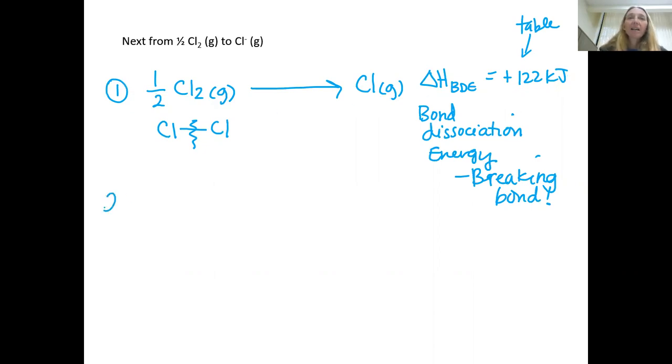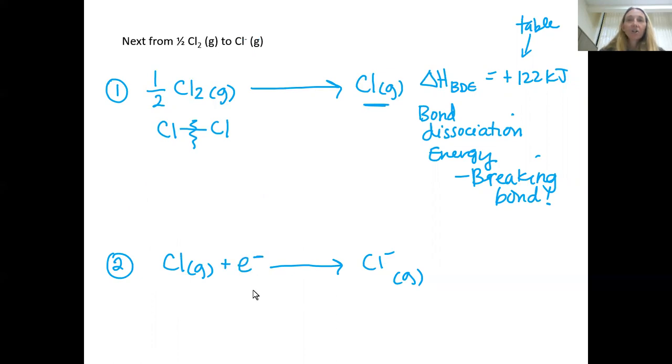Okay, my next step is I'm going to start with my chlorine gas, and I need to form chloride. Actually, let me erase this quick. I'm just going to write it lower so I don't run into the other thing. So next step, I have this chlorine gas, and I need to form this chloride minus. The difference between these two is adding an electron.